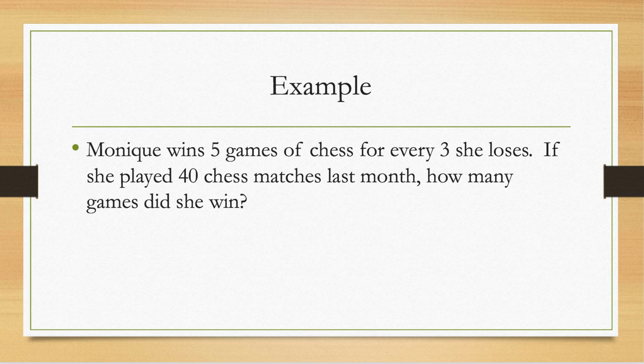Monique wins 5 games of chess, so she has 5 wins for every 3 games that she loses. If she played 40 chess matches last month, how many games did she win? We are looking for how many games she won, so that's going to be my x.